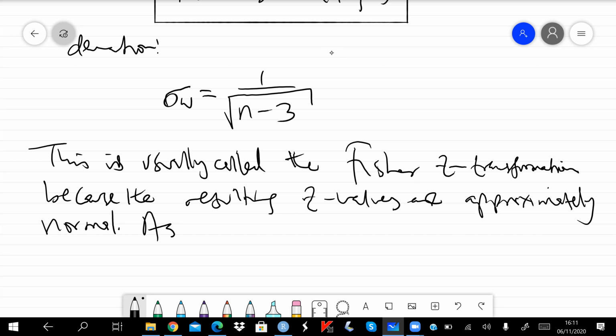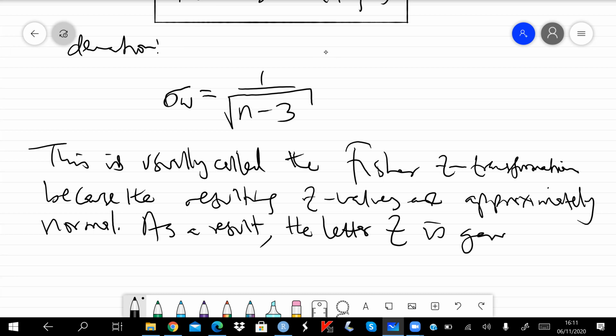As a result, the letter Z is generally used.